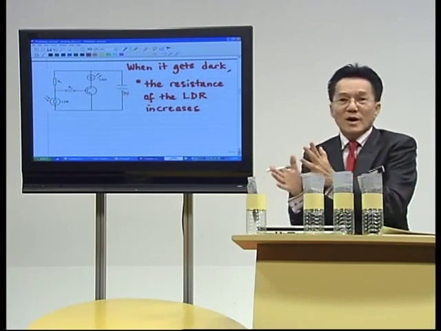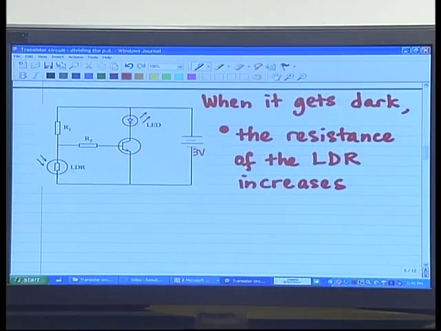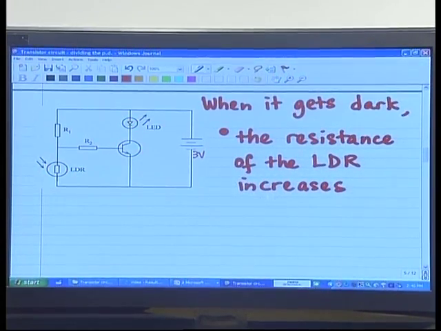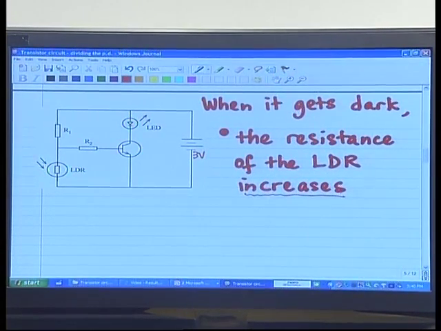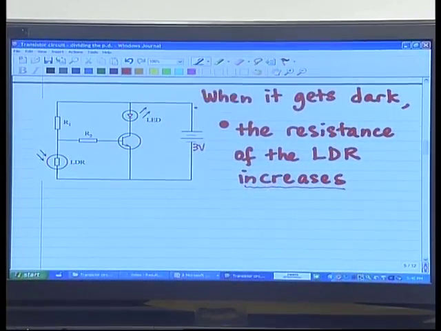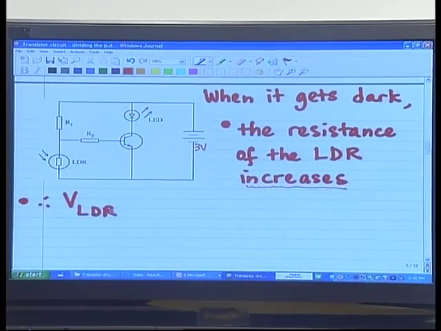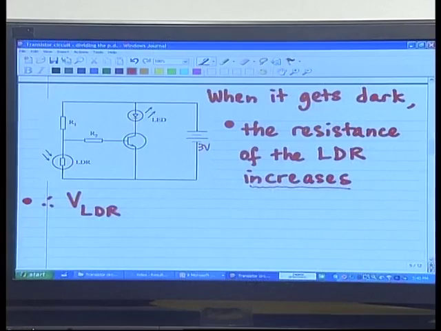And now we get back to what we have been talking in the past 8 minutes. When the resistance of the LDR now becomes very, very big, increases a lot, what happens now to the potential difference? I'll put it here. So now what happens to the potential difference across the LDR? Alright? So therefore, does it go up or go down?